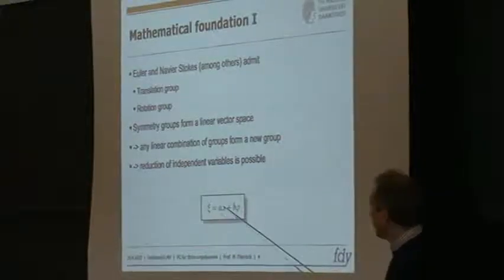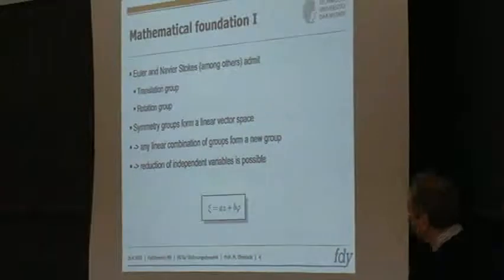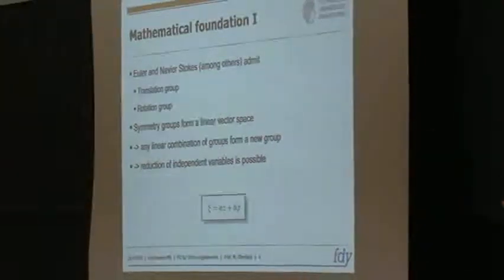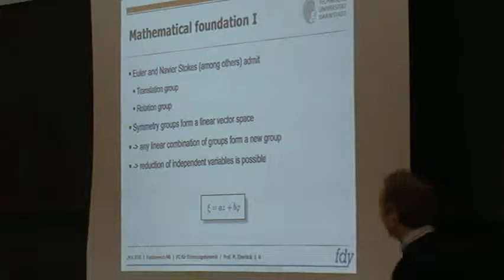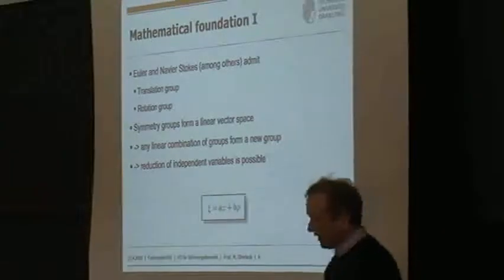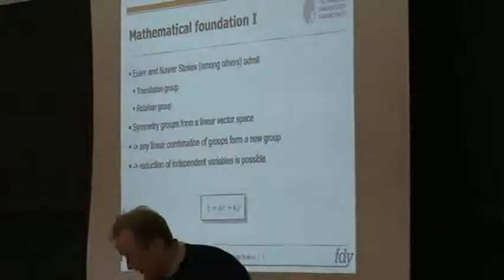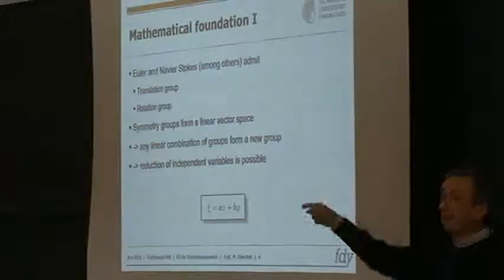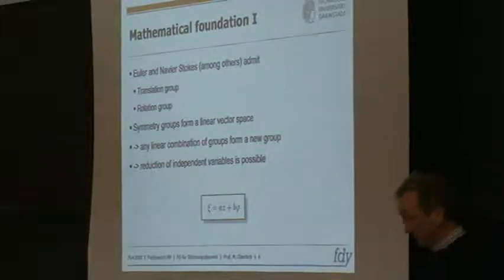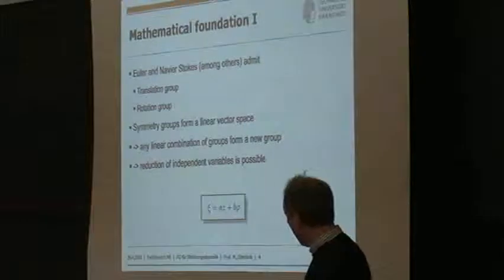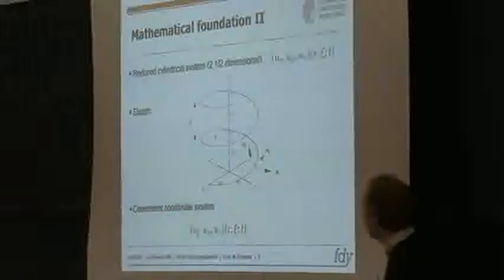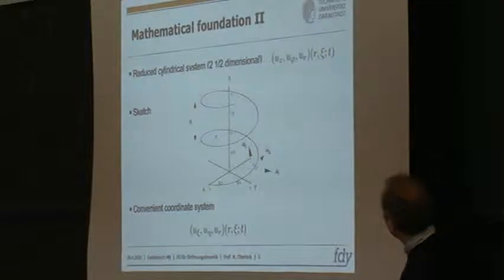What I simply did, I combined the z and the phi, and that's a classical formulation to formulate a helix, and the helix variable here is, of course, the new independent variable. So we are restricting now to helical coordinates. Of course, on top of that, we have the radial coordinate. So we start with cylindrical coordinates r, z, phi, and then we restrict ourselves to this limited set of coordinates.